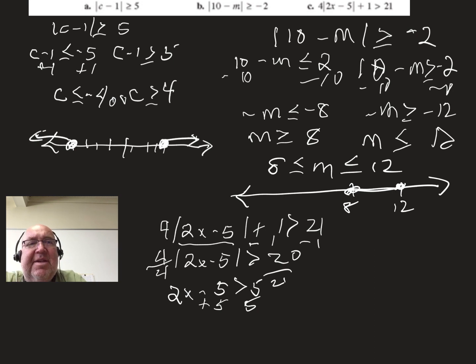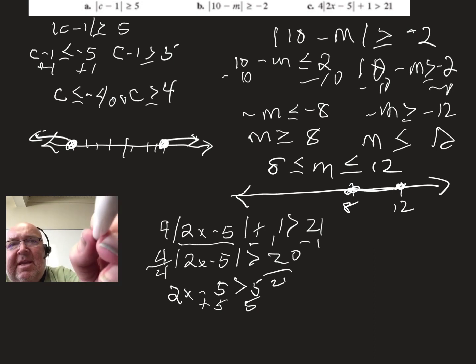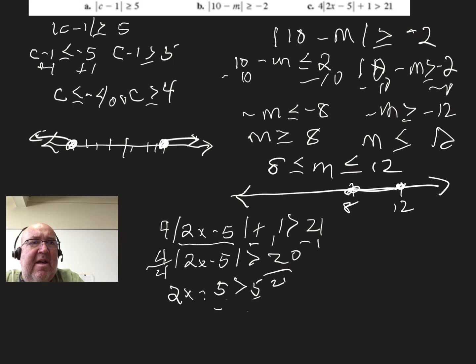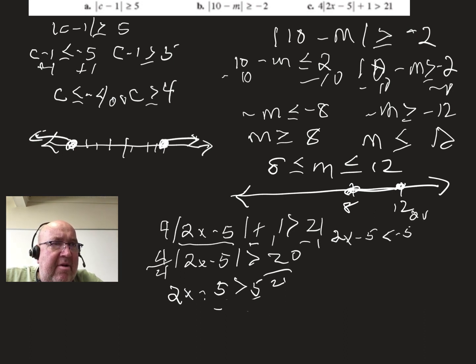Actually, take me back a step. Getting in too big a rush. Let's go back. Let's take that part off. I'm going to come over to the side over here and rewrite my equation twice. So I have 2x minus 5 is less than negative 5. I have 2x minus 5 is greater than 5. We're going to add 5 to all.